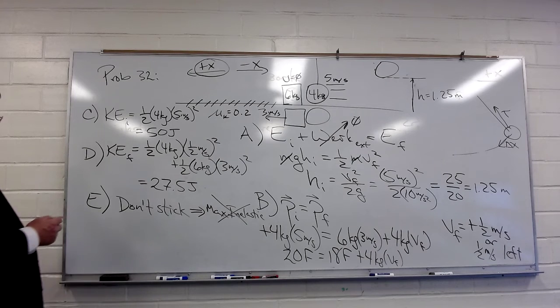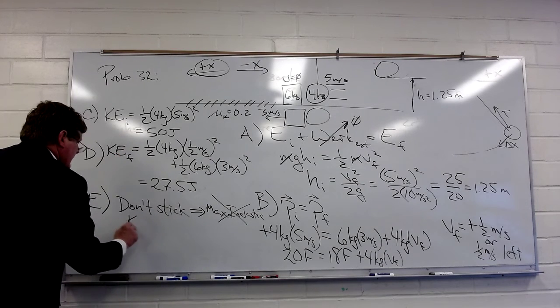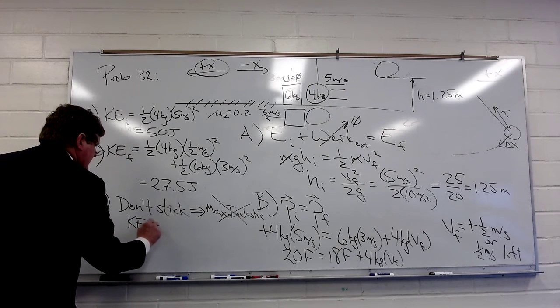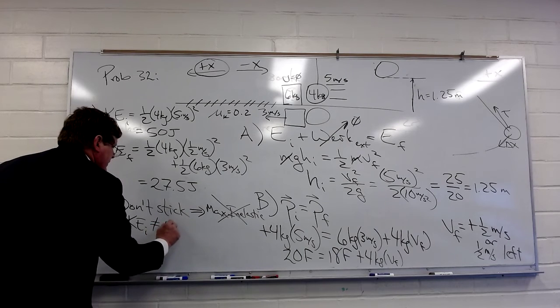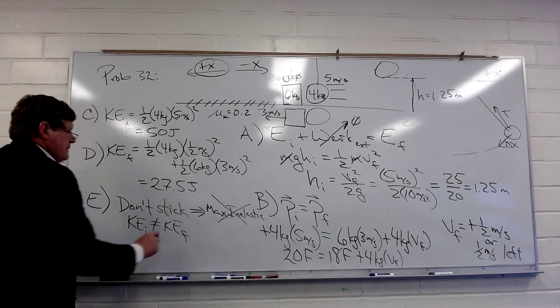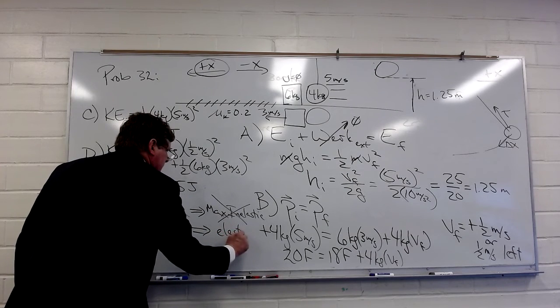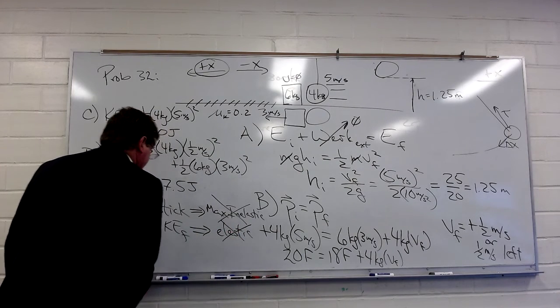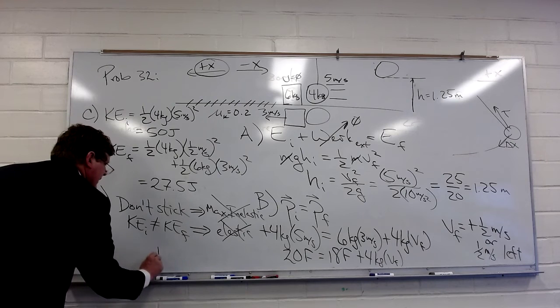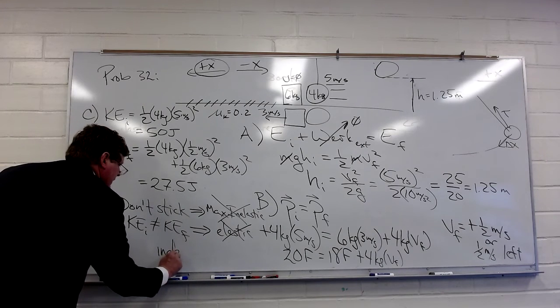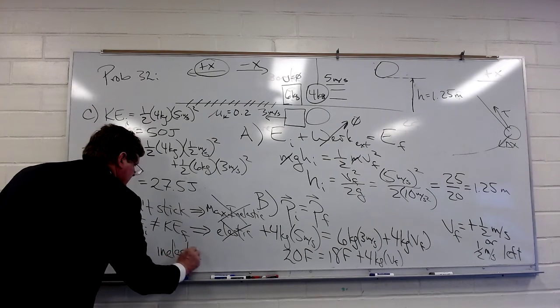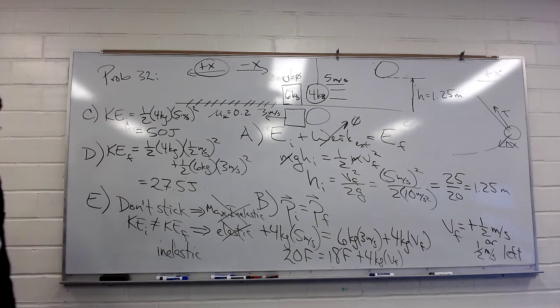And I also know that the kinetic energy initial is not equal to the kinetic energy final. So that means elastic is out. And so the only thing left is inelastic. Remember, there's only the 3 flavors.